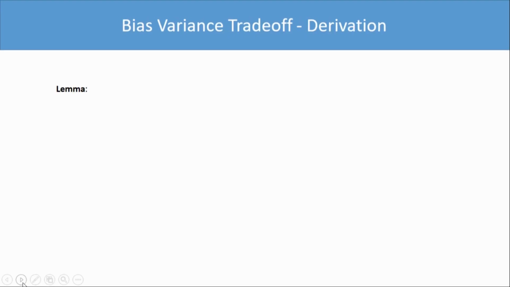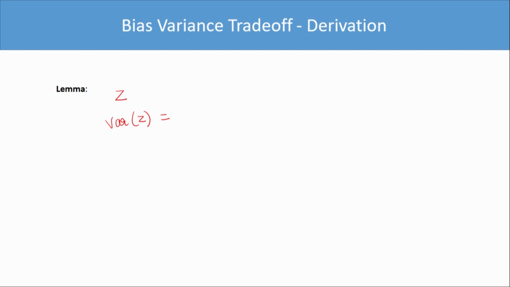Okay, but before that, a slight deviation. We want one, so to say, technical lemma. Let z be some random variable, right? So what is the definition of variance of z?